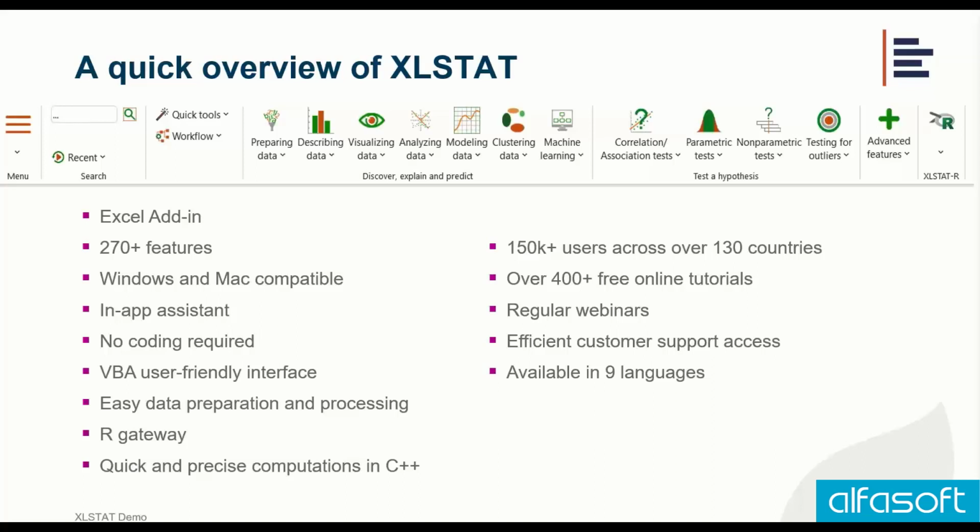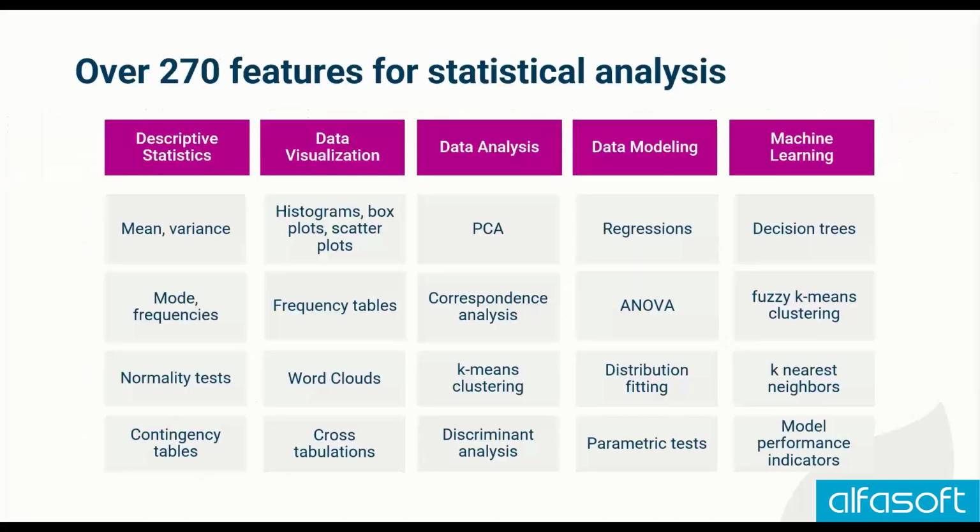Now, some of our most popular features are here. Again, as I mentioned, we have over 270 features, and we try to divide them into silos, some related to descriptive statistics, looking at modes, normality tests, contingency tables, also a section on data visualization. So you get your data ready, you have a look at it, you do the analysis.